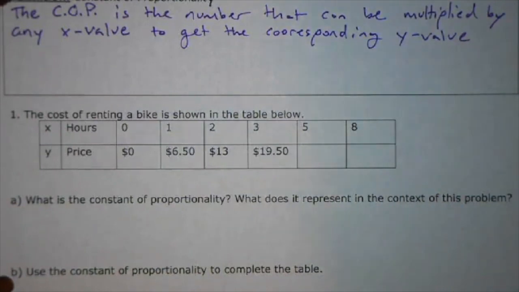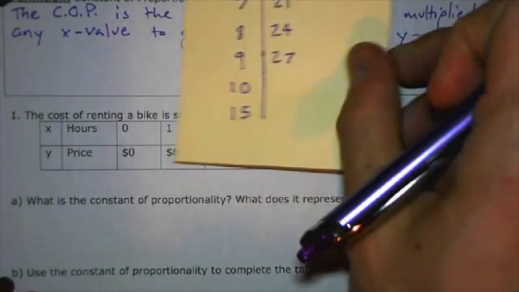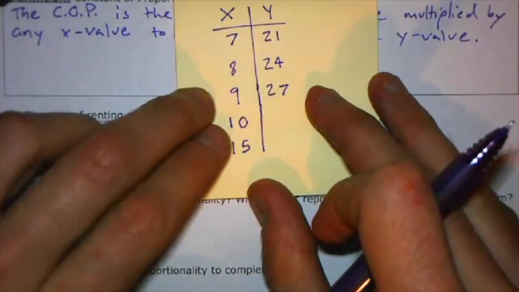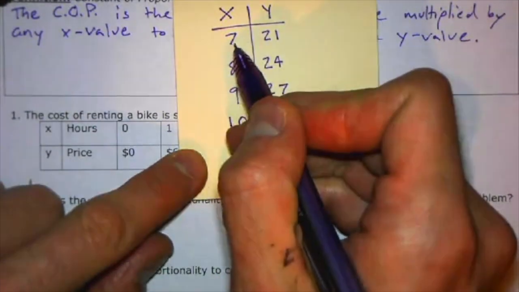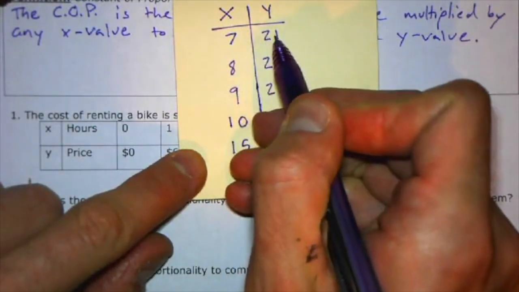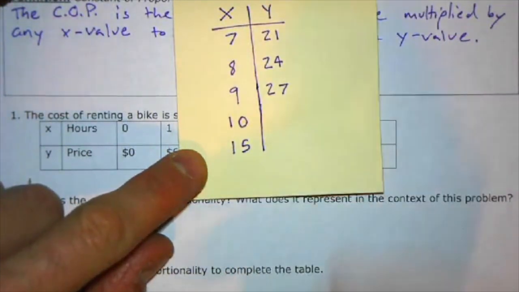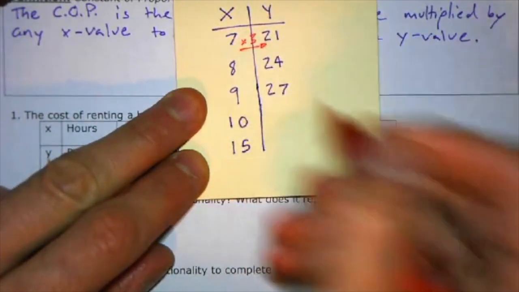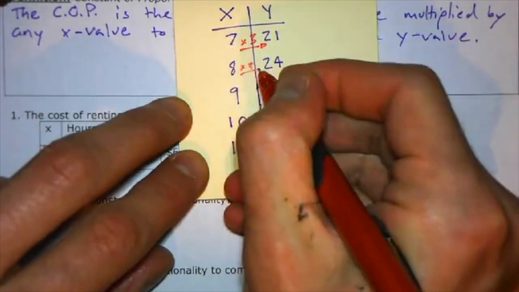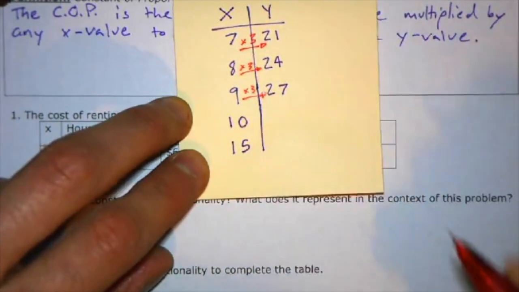Now let's break that down for a second before we continue. If I have a table like the one we just saw, I know that to get from any x value to the corresponding y value, all I have to do is multiply by 3. 7 times 3 is 21. 8 times 3 is 24. 9 times 3 is 27.